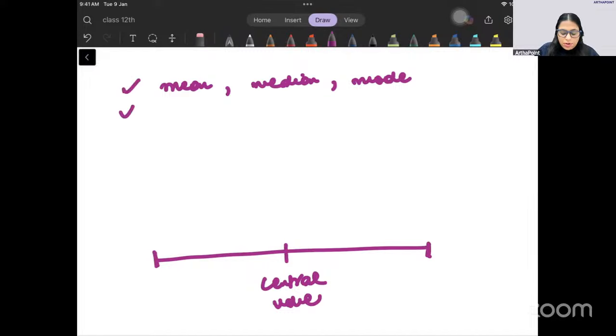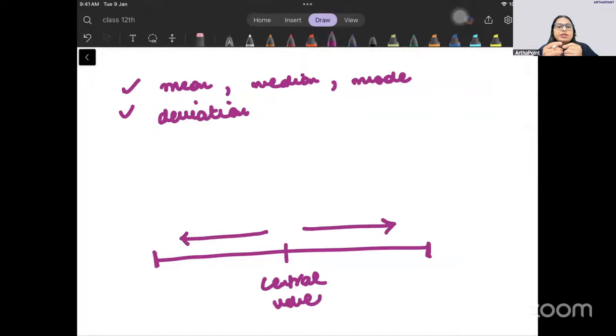When we talk about deviation, like standard deviation, mean deviation, it tells us how much data is spread around that central value. उस सेंटर का वैल्यू से डेटा राइट साइड पे कितना है और लेफ्ट साइड पे कितना है. So the deviation tells me the spread, how my data is spread, मेरा डेटा कैसे स्प्रेड है.